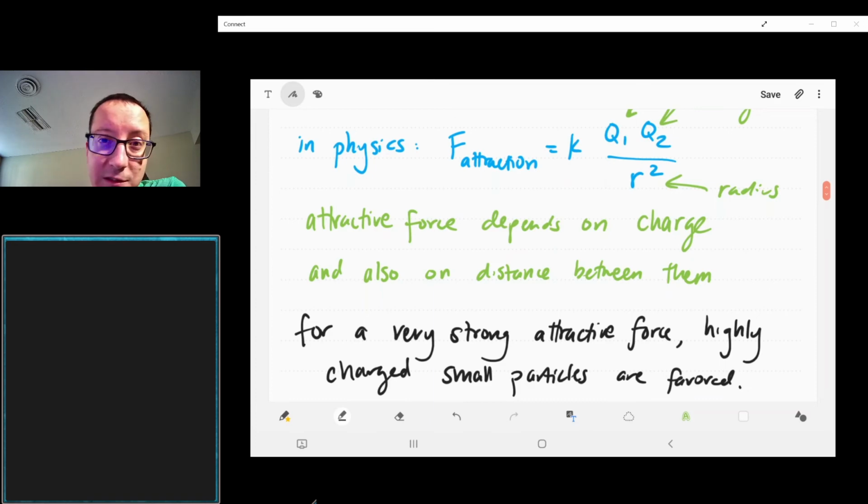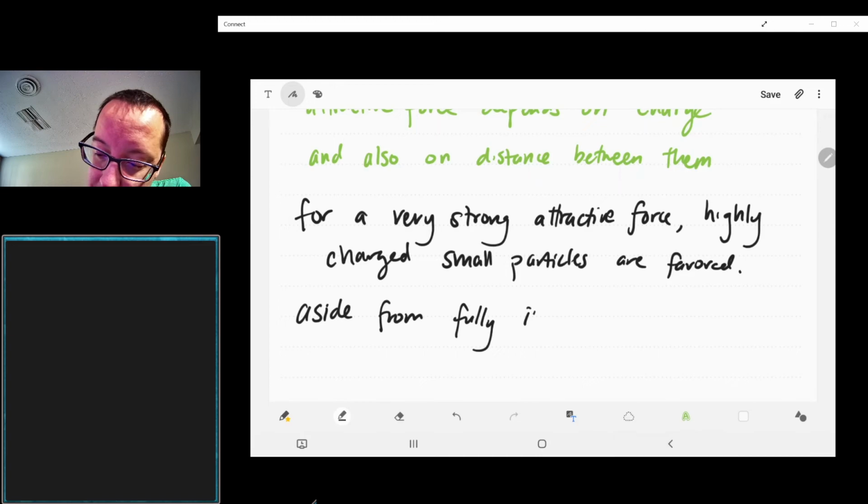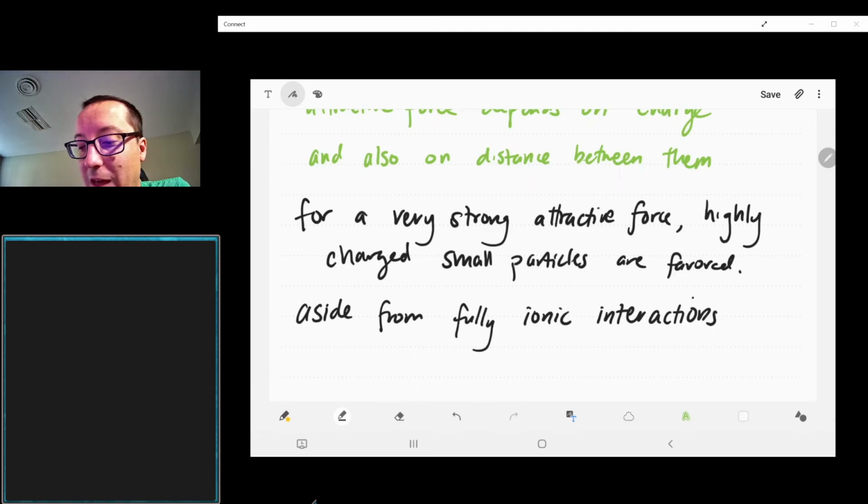Mostly we're going to focus on charge here. So aside from fully ionic interactions, we're going to see we have a number of ways of having not fully charged particles interact.